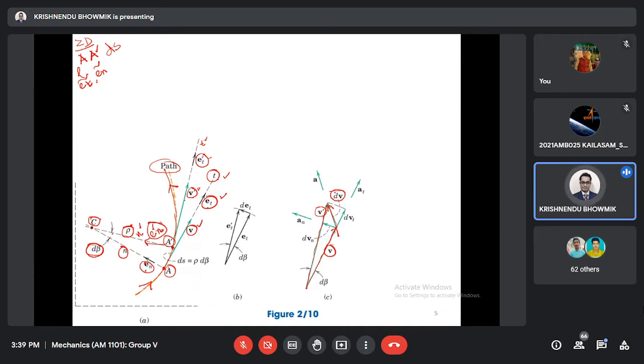Now whatever this dv resultant of v and v prime, along that direction acceleration will act. This is what we call acceleration a total along that direction. Which direction? Resultant of v and v prime. Now somebody can have this velocity v and you can decompose along tangential directions and along normal directions.